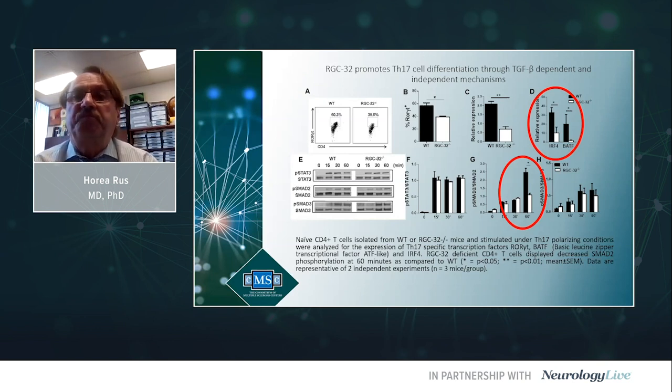One of the mechanisms is through activation of SMAD2, and this is a TGF-beta dependent mechanism, but there is also a mechanism independent of TGF-beta, and that includes BATF, for instance, and IRF4.